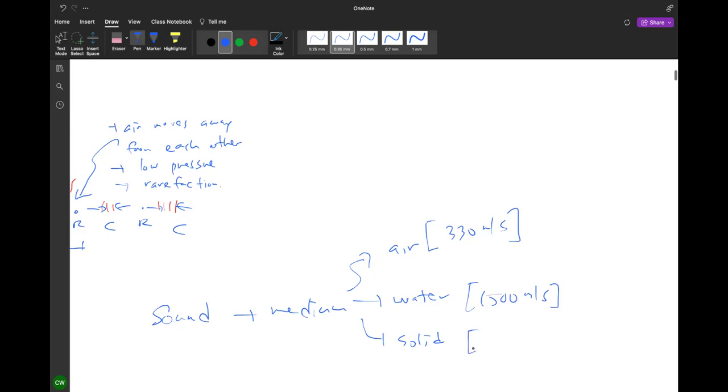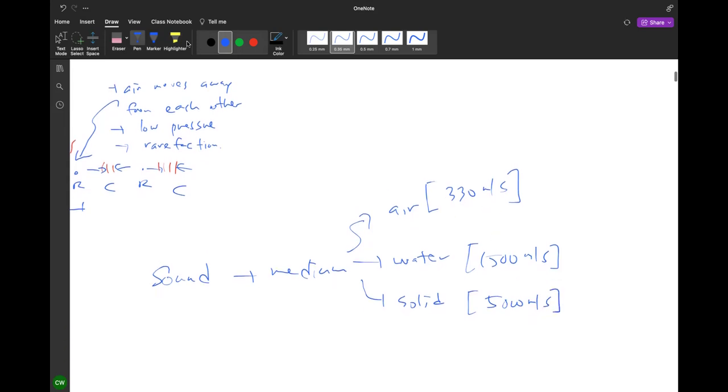What is the speed of sound in the solid? 5000. Sometimes they'll ask you about the speed, so you need to know the speed of sound in the air, in the water, in the solid. If you do not know, you need to go and memorize.